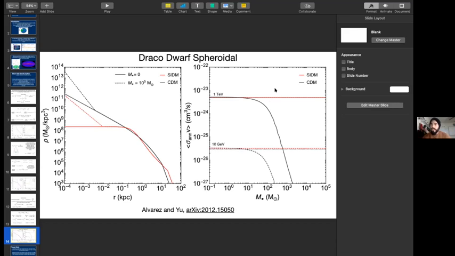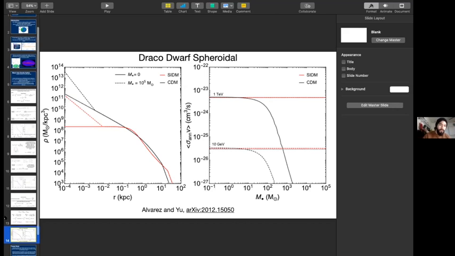But this is more mass than the halo itself. So this is completely unreasonable for this system. So for any black hole mass reasonable for the system, it's insensitive to the mass of the black hole. So basically we show that for SIDM, you can have black holes in dwarf galaxies, where for CDM, essentially you cannot, and still be composed of thermal relics.